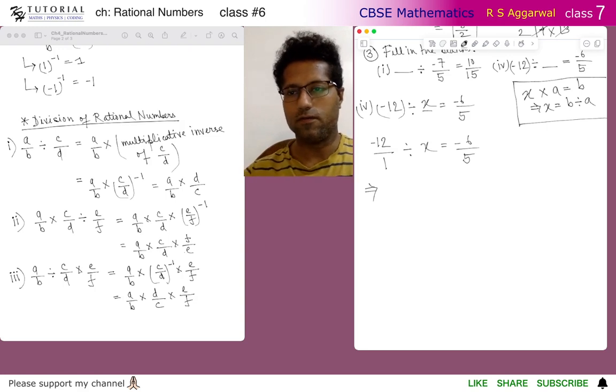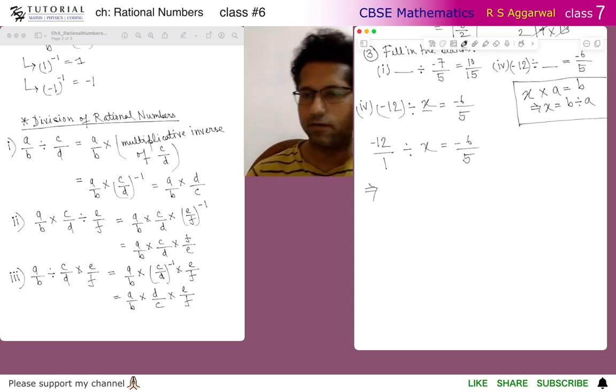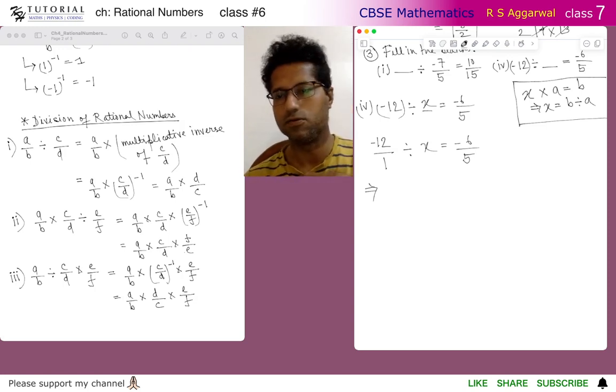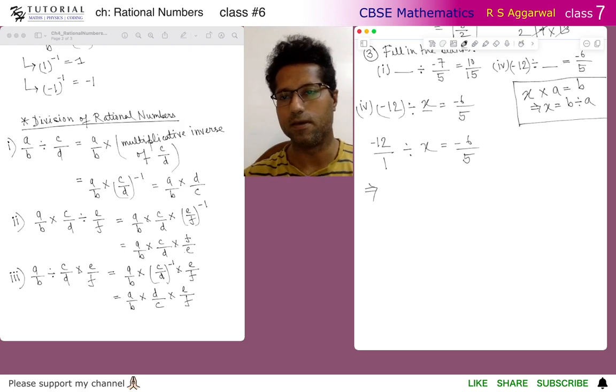Now, when you have a mathematical statement where you have to find x, where it is given that x multiplied by a equals b, with a and b given constant numbers, then we know that x equals b divided by a.